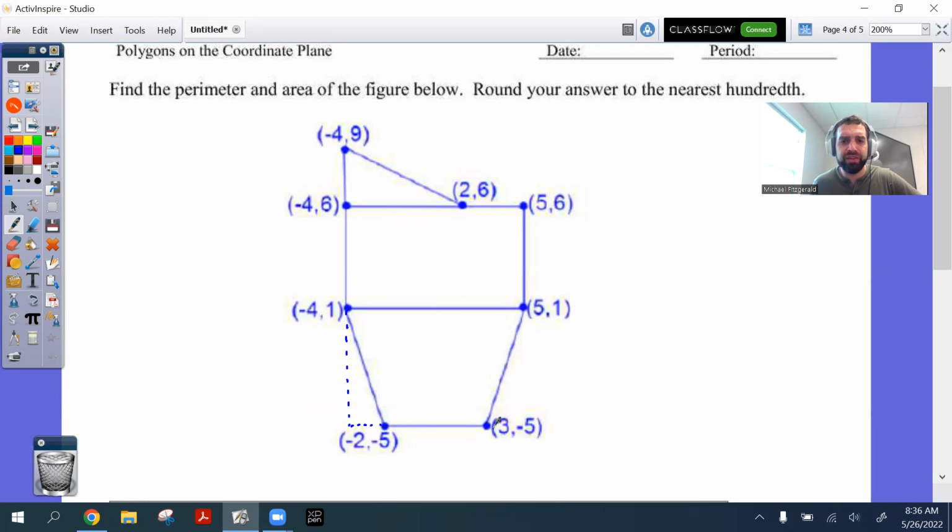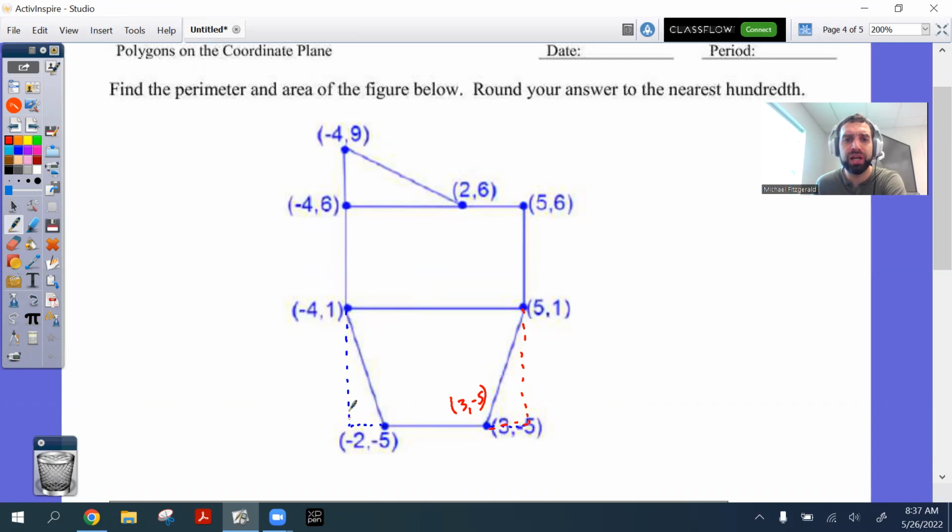Well, how do we find these lengths then? Let me change it to red. That's 3, -5, that point. Well, we can tell with the coordinates.